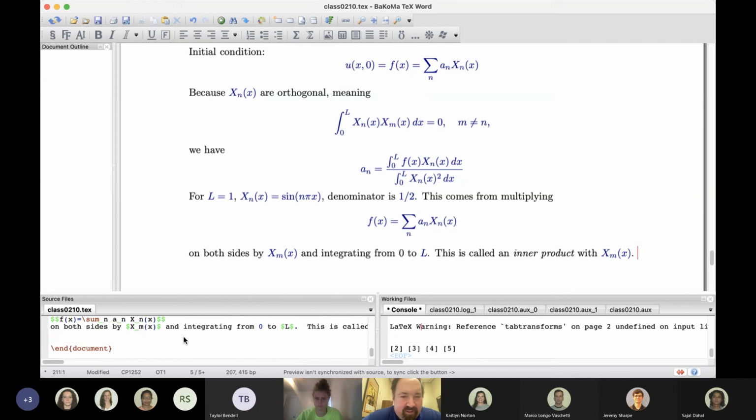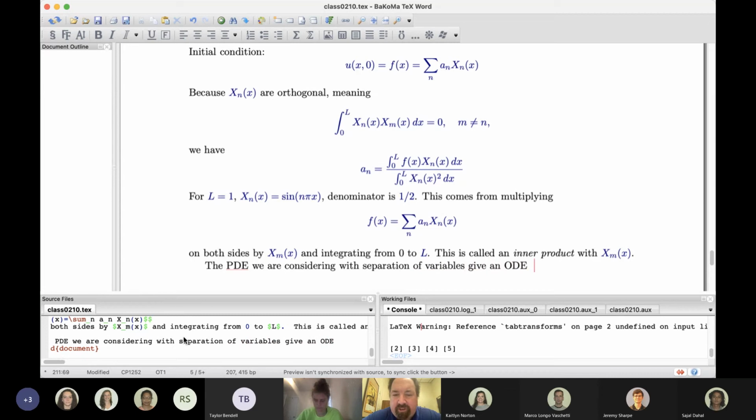Since no one's asking questions, I'm going to expound on what I was just talking about. When we're solving PDEs by separation of variables, you separate into two ODEs, one for t, one for x.